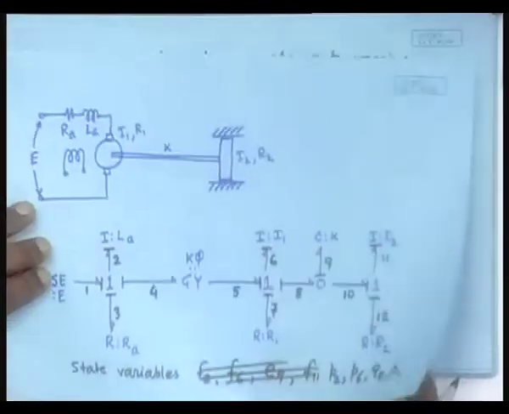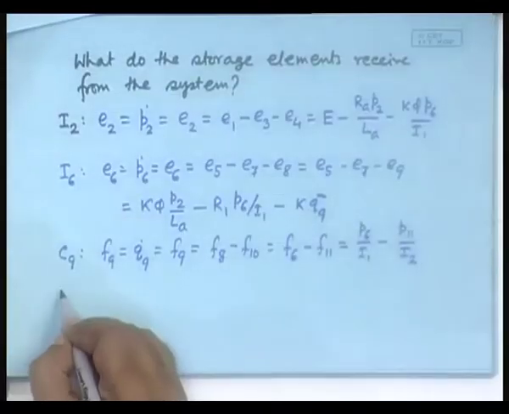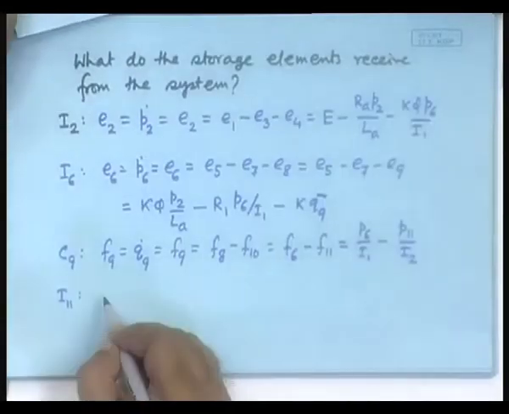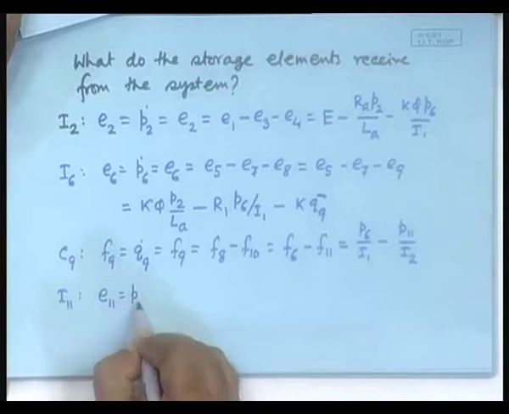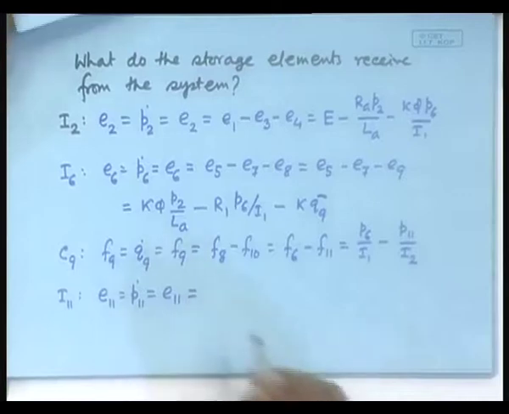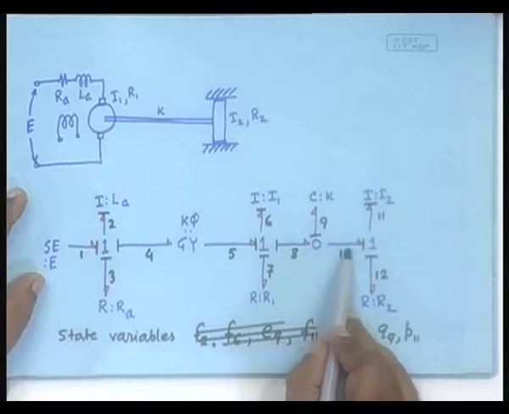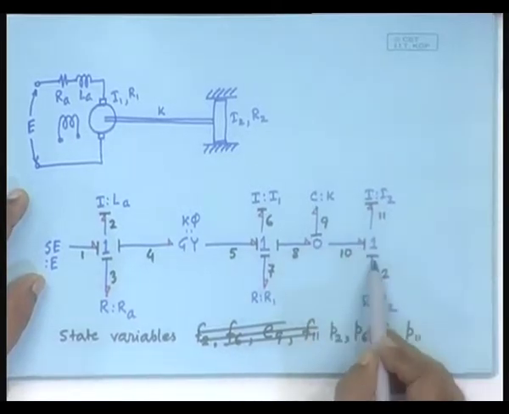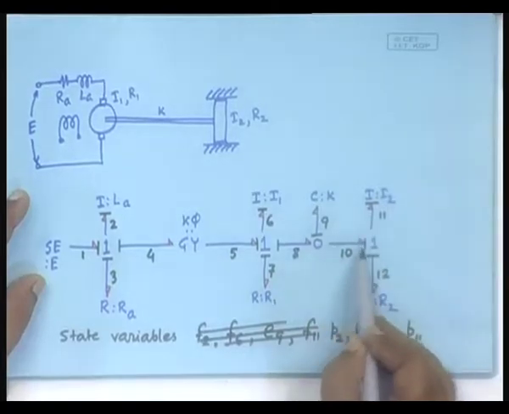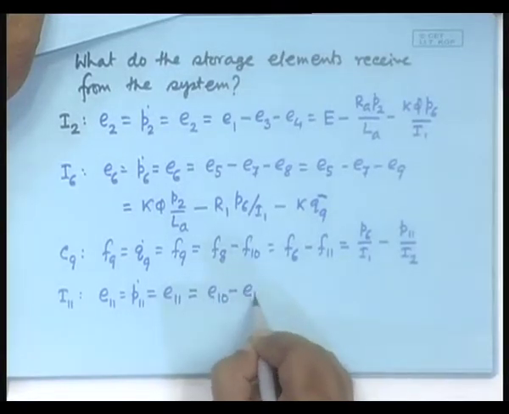Finally, let us ask this question in relationship to this one, I connected to bond 11, I 11. It receives effort. So, E 11 is equal to P 11 dot is equal to E 11, we bring it to this side and then find out where E 11 comes from. It is E 10 minus E 12, because of the power directions.